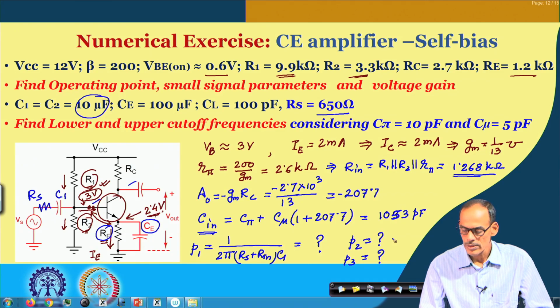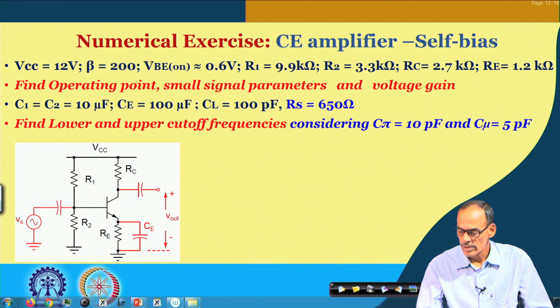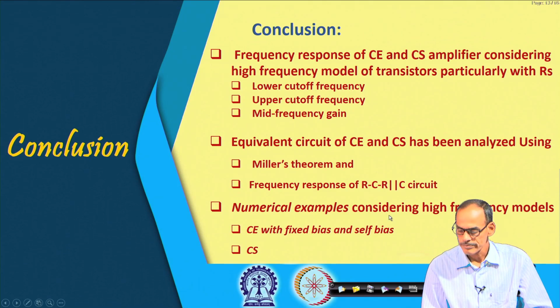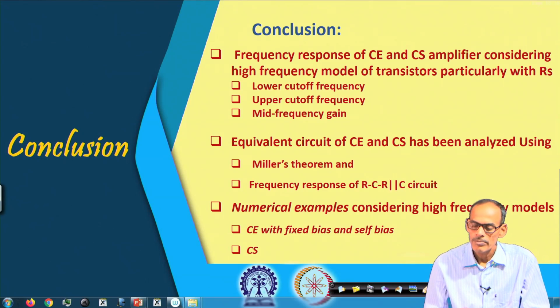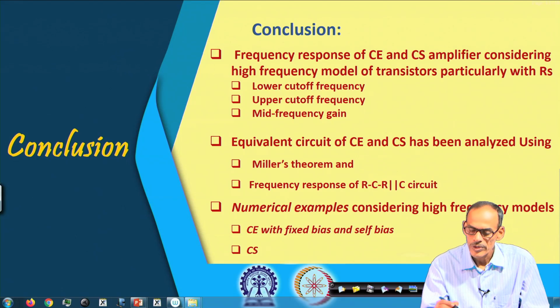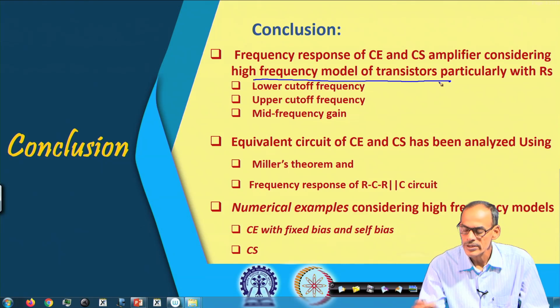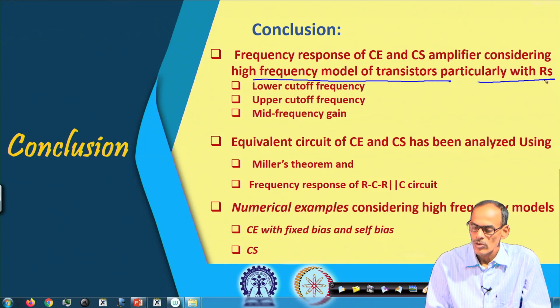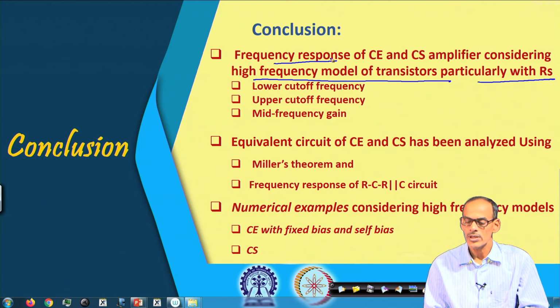So, in summary, in this module we have considered a high frequency model of the transistor, and particularly, in presence of source resistance Rs, its impact on the frequency response of common emitter and common source amplifiers.